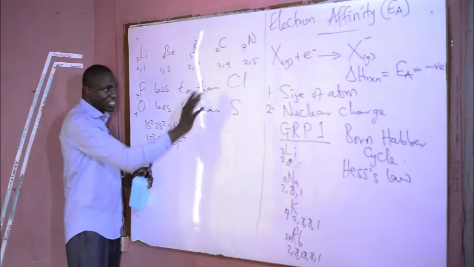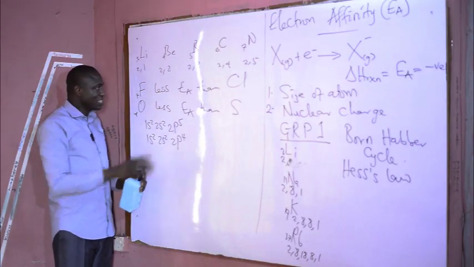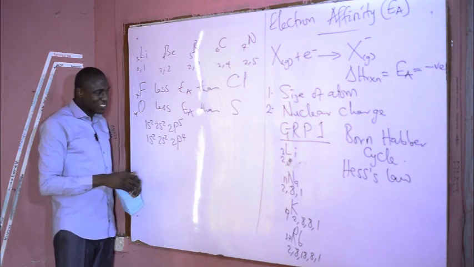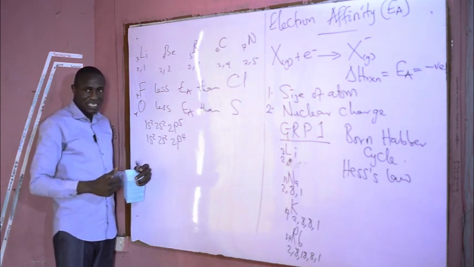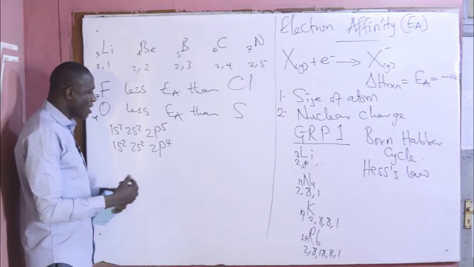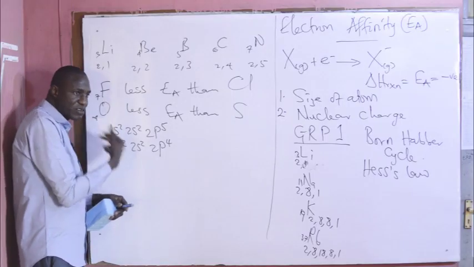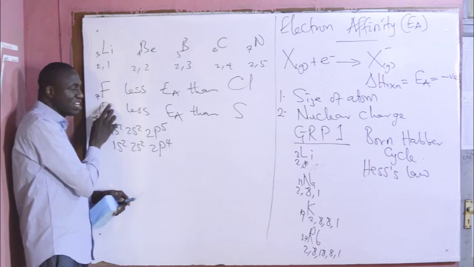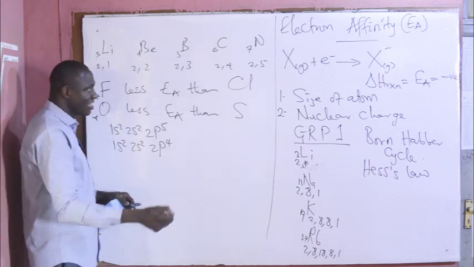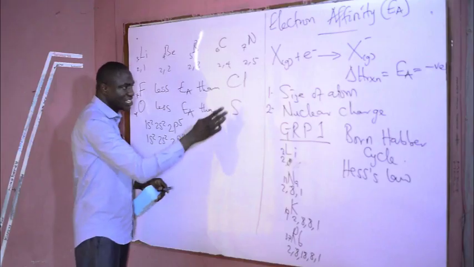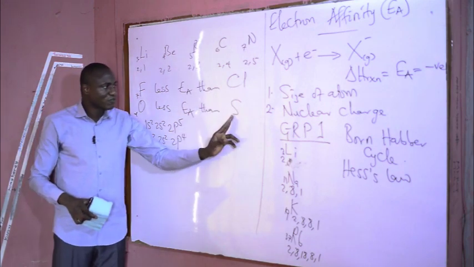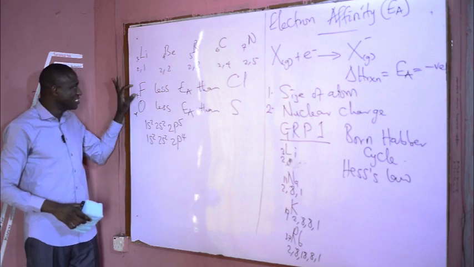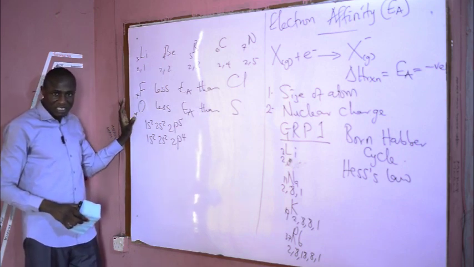We know that chlorine and sulfur are bigger in size than fluorine and oxygen. So as a result of that compactness and higher electron density, it becomes difficult to add an electron to fluorine and oxygen. Adding electrons to these two elements releases less energy compared to adding electrons to chlorine and sulfur. This is the main reason why chlorine and sulfur have higher electron affinity than fluorine and oxygen respectively.